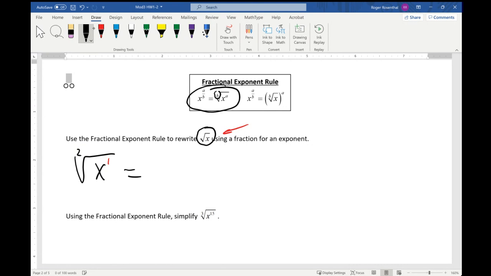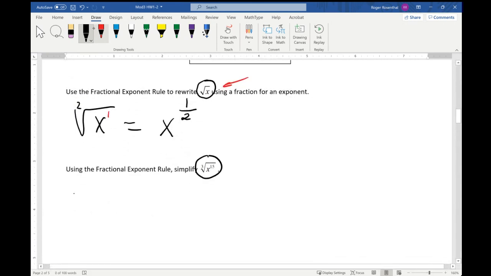Whatever the index is becomes a denominator, so this will become x to the fractional power that has a 2 on the bottom. And whatever the power is on the inside, that becomes the numerator, and so that becomes a 1. So the square root of x is the same as x to the 1/2. That's a useful thing to know. That comes up now and then. So it's good to, in a sense, memorize that.